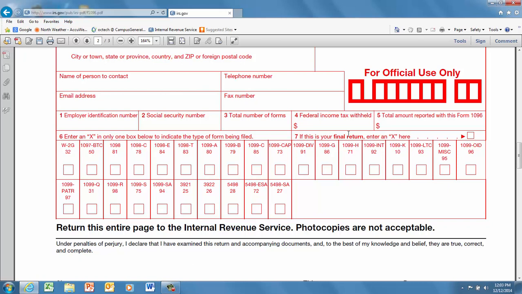If this is your final return, you would put an X over in this box. You're going to go out of business. You're not going to have any more independent contractors. You would want to make sure you did that. Otherwise, they'll be looking for one of these again next year. And even if you had 0, you would be required to file it if you never put this X under your final return.